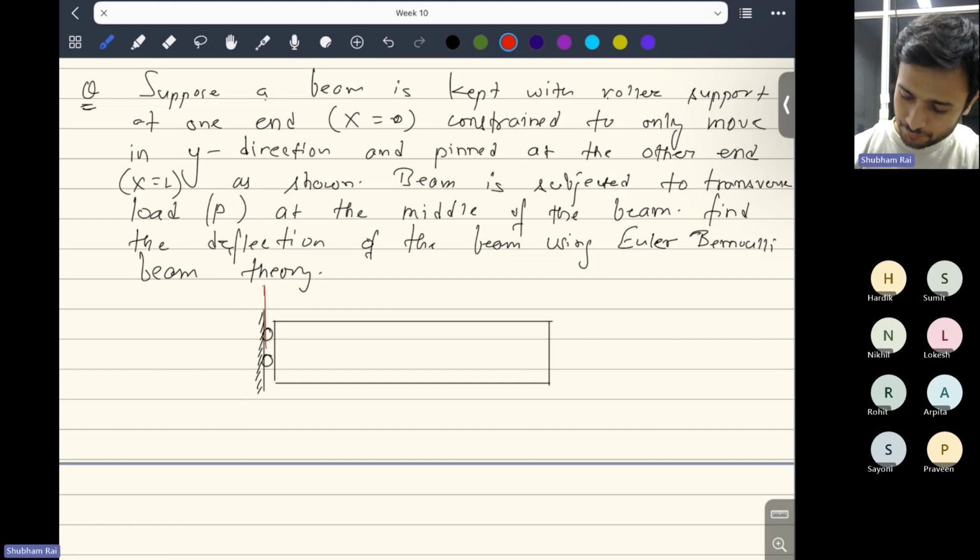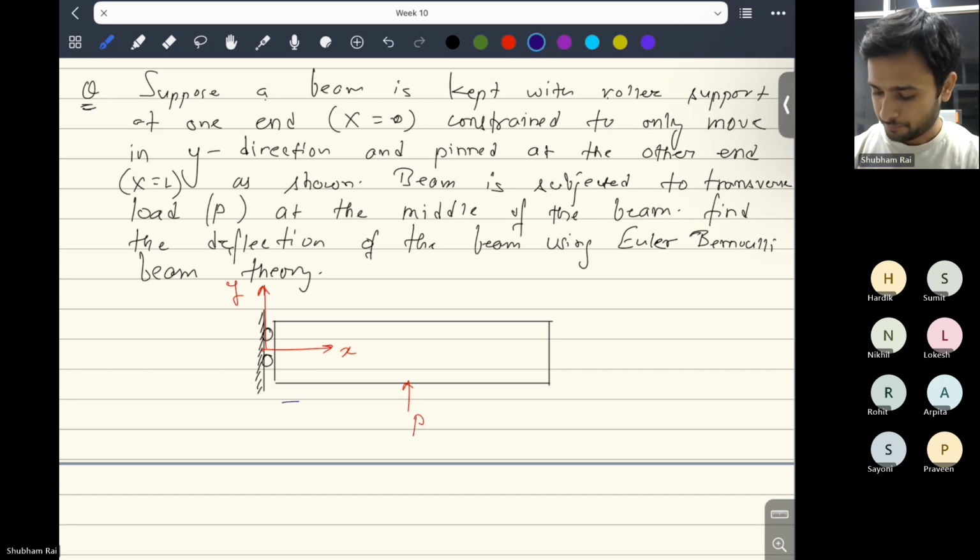So this is the y coordinate, x coordinate, and this is P, and this is L by 2. And this is L.